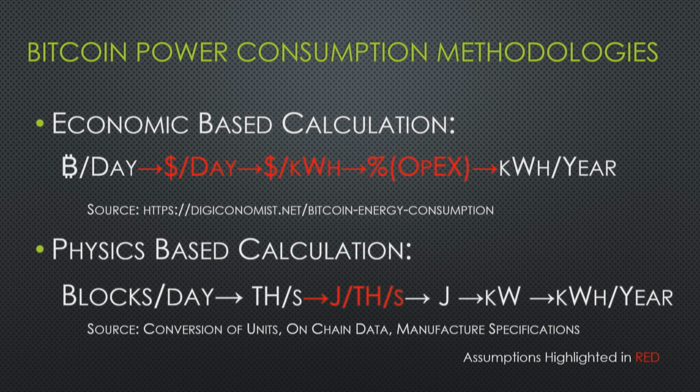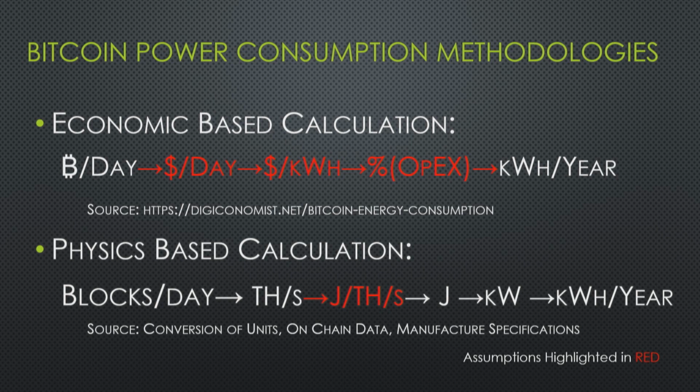Then they take that amount of value and multiply it by an estimated operational expenditure of mines on electricity, which is also problematic. Some of the energy could go to something other than mining, and oftentimes most of that value isn't going directly towards electricity, but this calculation assumes that. And then they derive a kilowatt hour per year value from that.